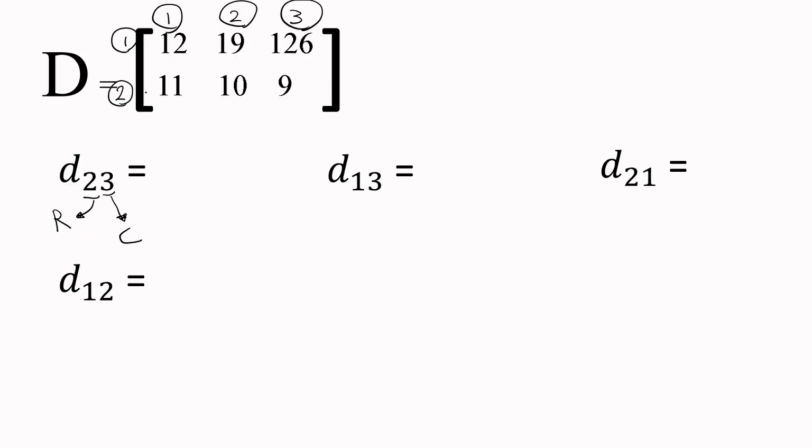The second row is going to be here, and the third column is going to be here. So this one is going to be 9. 1 and 3 means in the first row and in the third column is going to be 12. 2, 1, in the second row and in the first column is going to be 11. 1, 2 means in the first row and the second column is going to be 19.